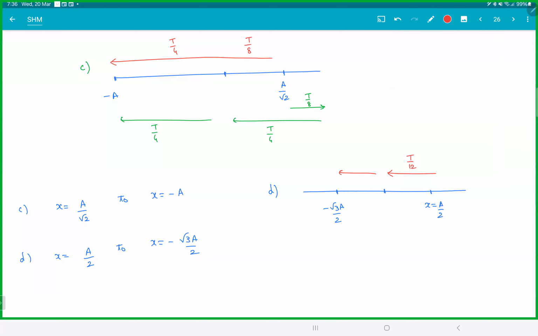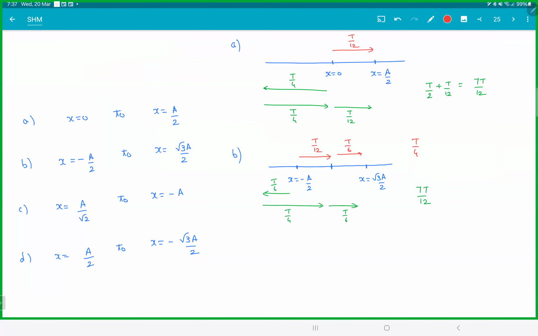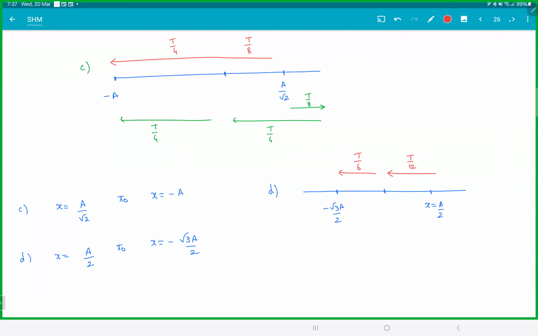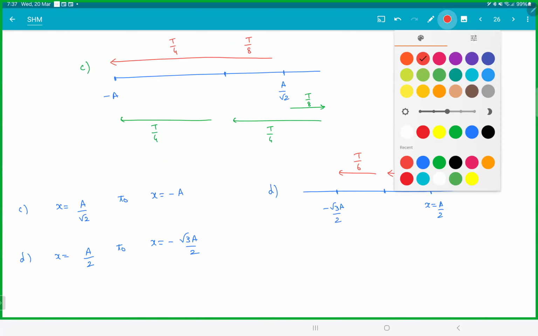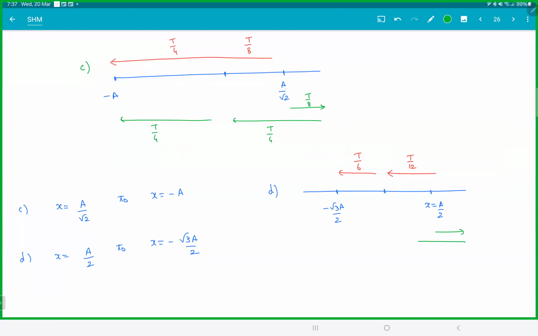T by 12, t by 6, I think it's the same question as the first one. Yeah, B and D are same, I guess. Or you could have gone back, come front and come front. B and D are same actually. I just reversed the signs.